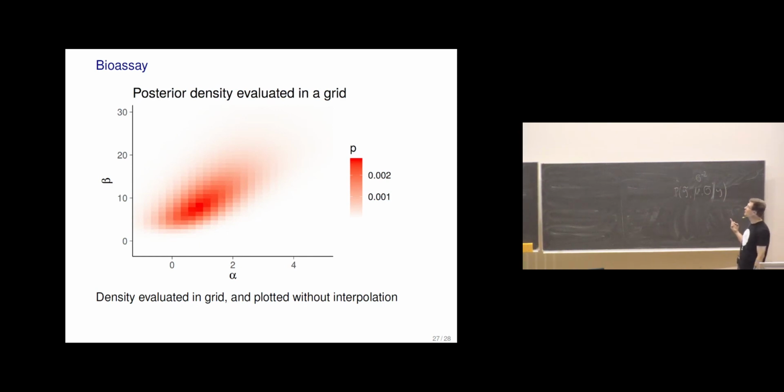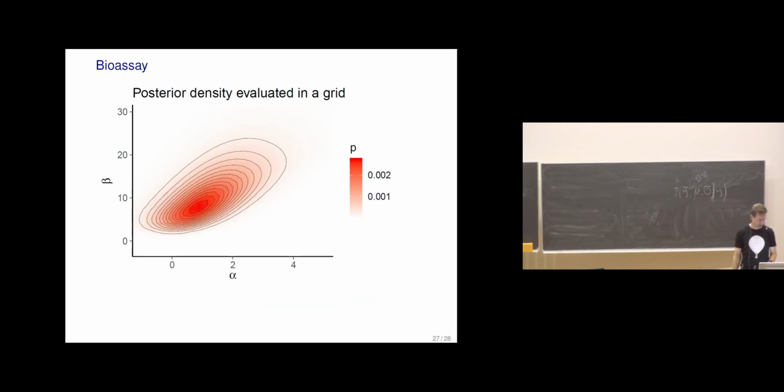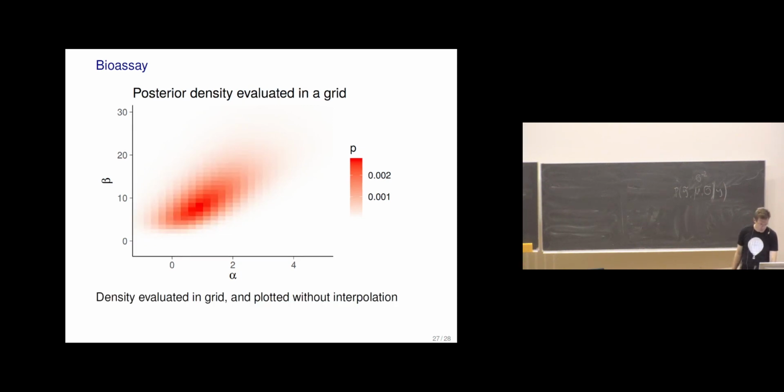You can see now the squares, and the value is constant in each square, and the density was evaluated only in the middle of the square. But since this is a smooth density, it looks better if we interpolate. Then it looks like we would have been able to evaluate it in many locations, and based on these interpolations, these equidensity contours are made.